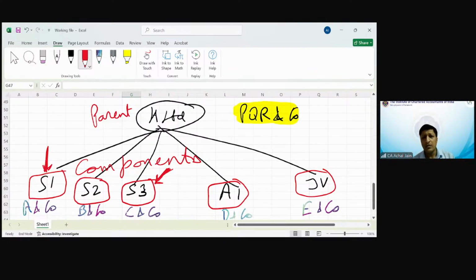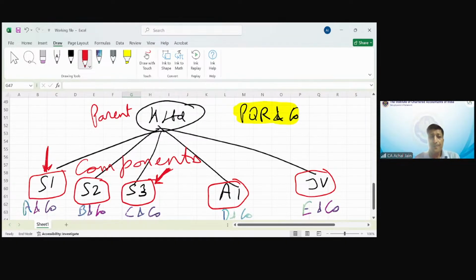No. It may also happen that all the components, including the parent, are audited by the same audit firm. Yeah, both the situations are possible. But depending on the type of situation that you have, some of the procedures on the part of the auditor will vary. So that's one.